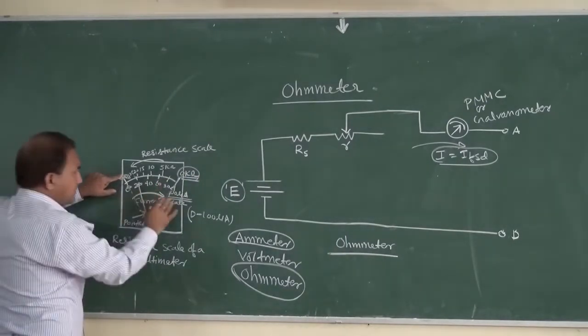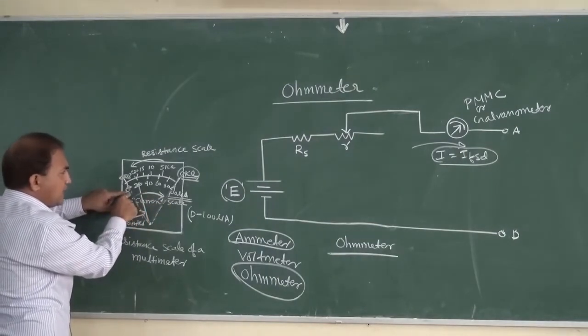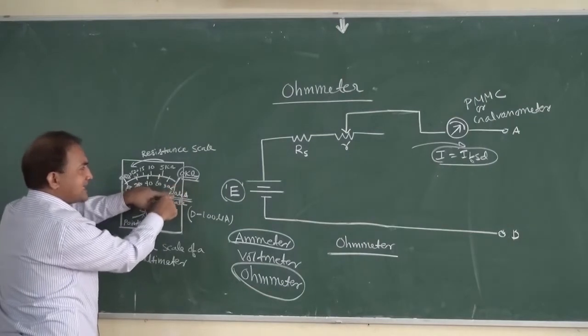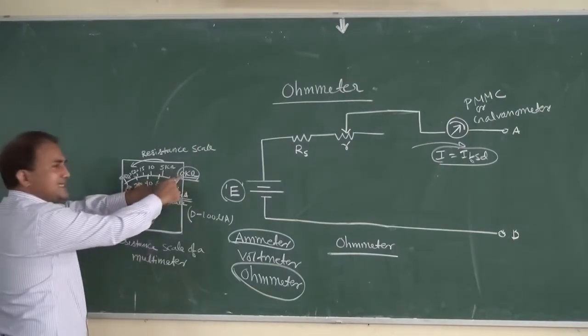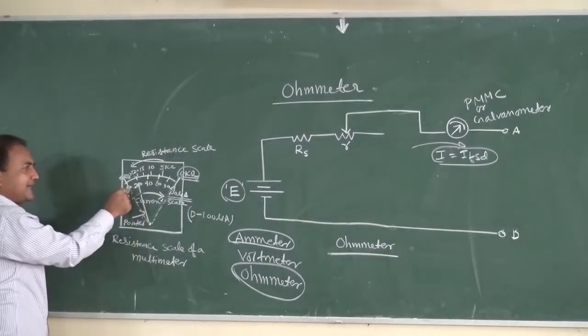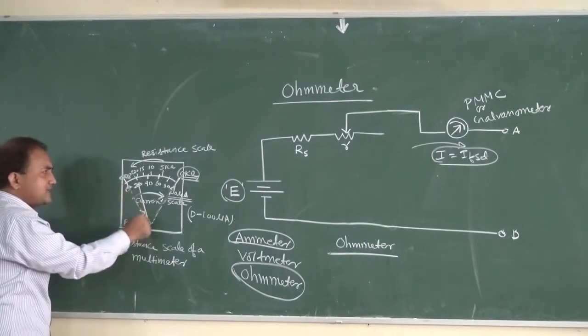This is the current scale from 0 microampere to 100 microampere. For the full scale deflection current, the resistance is 0, and for 0 deflection current, where the pointer is at 0, the resistance is infinite.